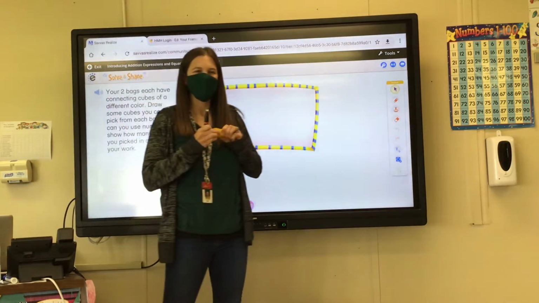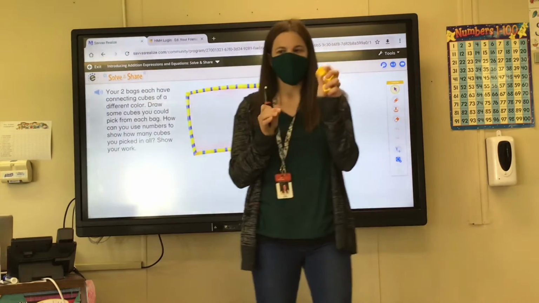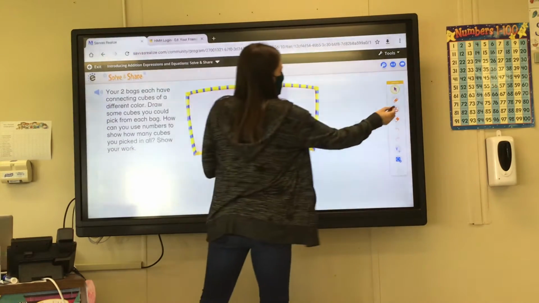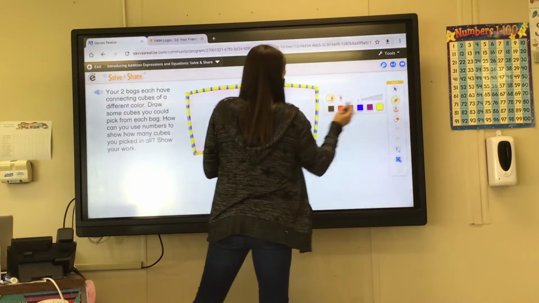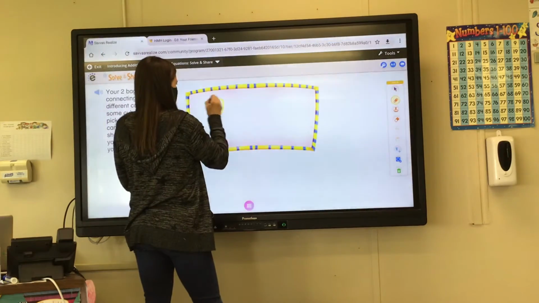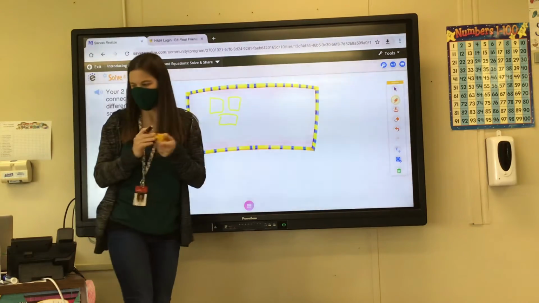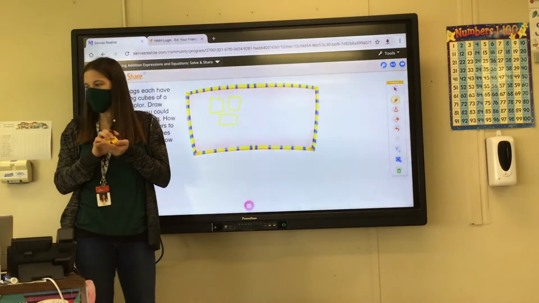They're one color. How many cubes did I take out of yellow? 3. So I want you to draw 3 yellow cubes here. 1, 2, 3 yellow cubes. You can make them yellow, yes.